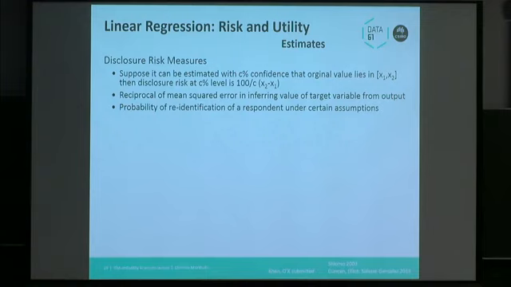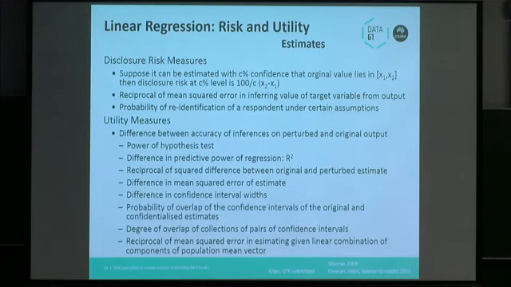Obviously, the probability of re-identification of a respondent under certain assumptions, yeah, that's really what you want, but there's very few people that have actually had a go at doing that in a real situation or proposing how that might be done with linkage studies and so on. Utility measures, so there's more utility measures. And it's typically looking at the difference between the accuracy of the inferences on the perturbed and the original output.